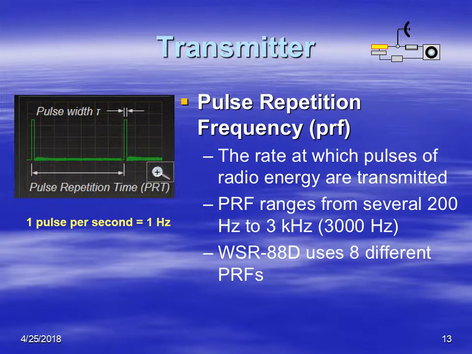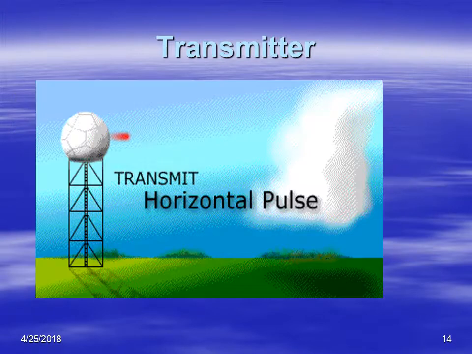Typical PRFs are 200 times per second, or 200 hertz, anywhere up to 3,000 times per second, or 3 kilohertz. The idea behind PRFs is you can send out more pulses and get more information from the atmosphere. So the National Weather Service radars, the WSR-88Ds, have various different pulse repetition frequencies, or PRFs, to probe the atmosphere to get more information from the atmosphere.